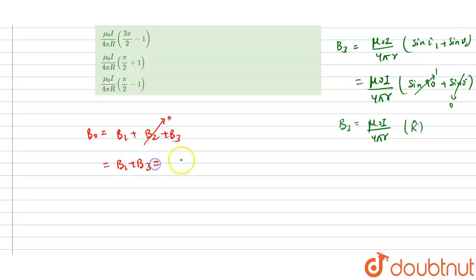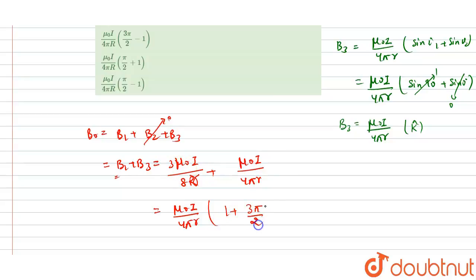Now this B1 is 3 mu naught I divided by 8R plus B3 is mu naught I divided by 4 pi R. So this will be equal to mu naught I divided by 4 pi R, and this R is also small r, into 1 plus 3 pi divided by 2.